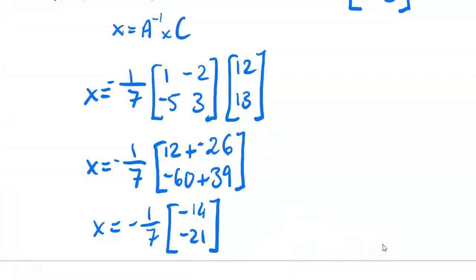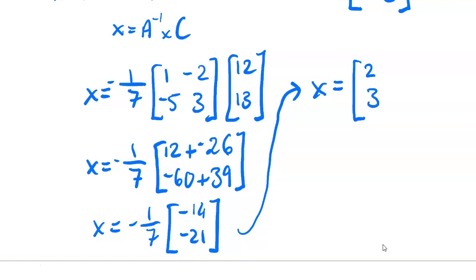All right. And then you can see, oh, look at that, they're both divisible by 7. So X equals, negative 1/7 times negative 14 will give me a positive answer. So 14 divided by 7 is 2. And negative 21 divided by negative 7 gives me positive 3. So X equals 2 and Y equals 3.